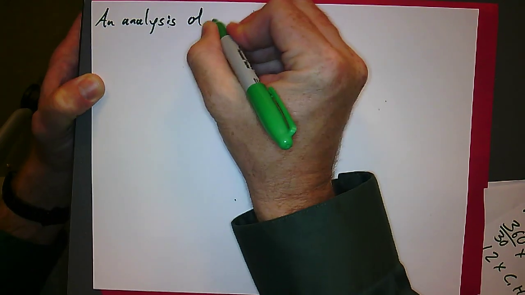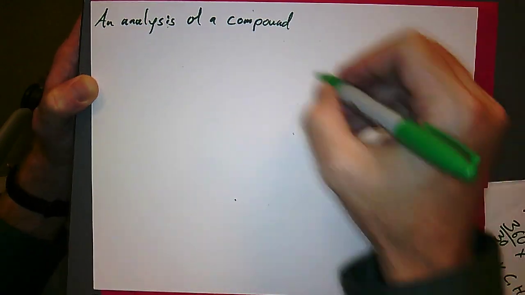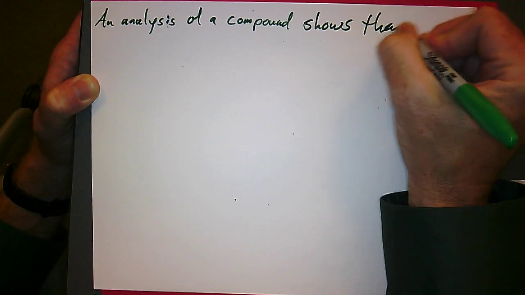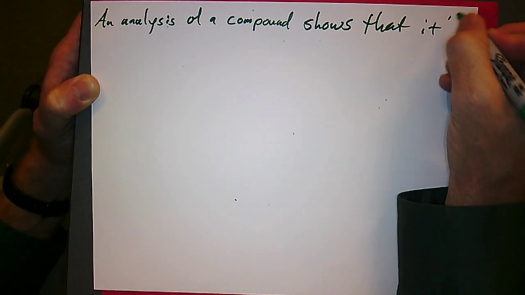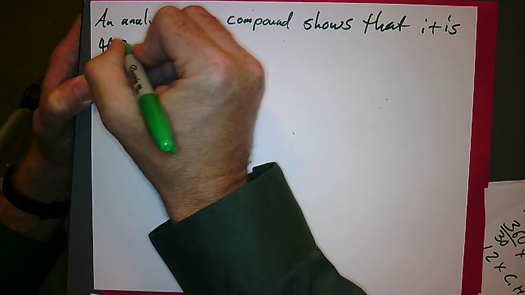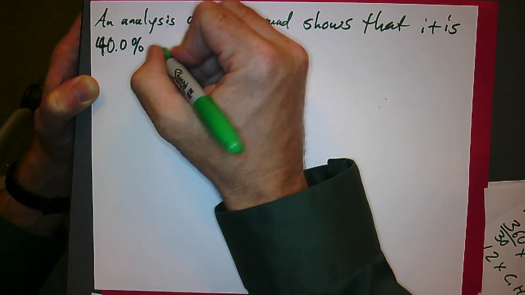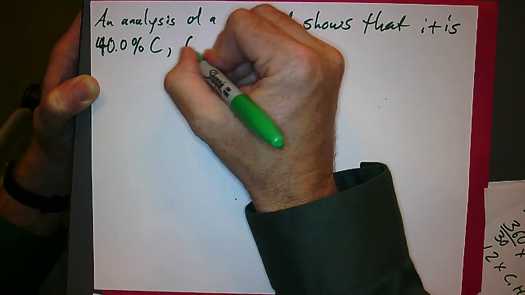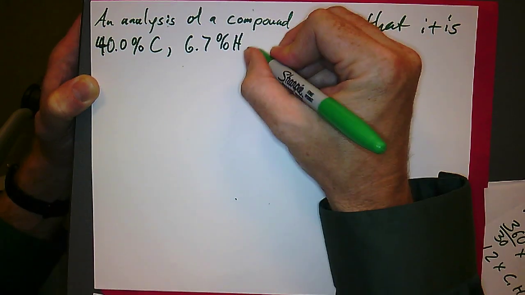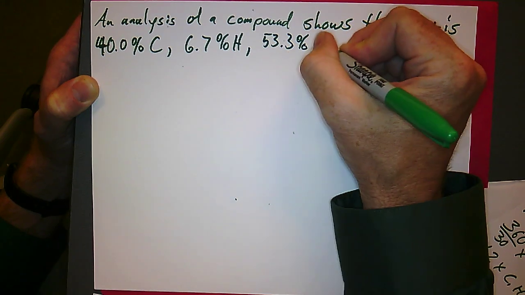An analysis of a compound shows that it is 40.0% carbon, 6.7% hydrogen, 53.3% oxygen.